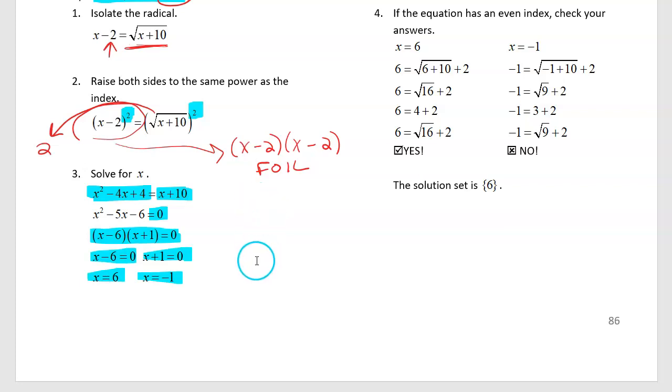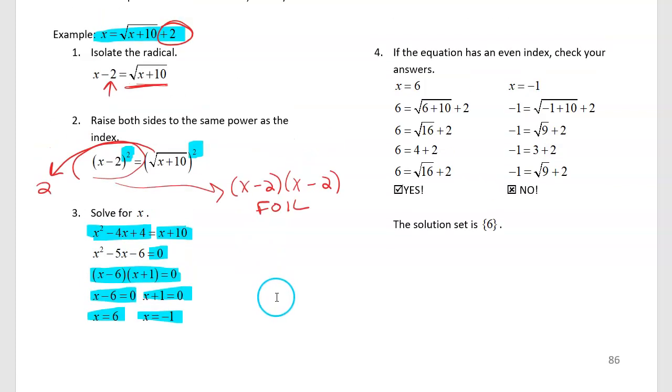One thing that you have to be careful with here is being mindful of these domain and range restrictions that we were talking about when we discussed the graphs. So for this particular equation, you want to plug in each of these solutions to make sure they actually check.